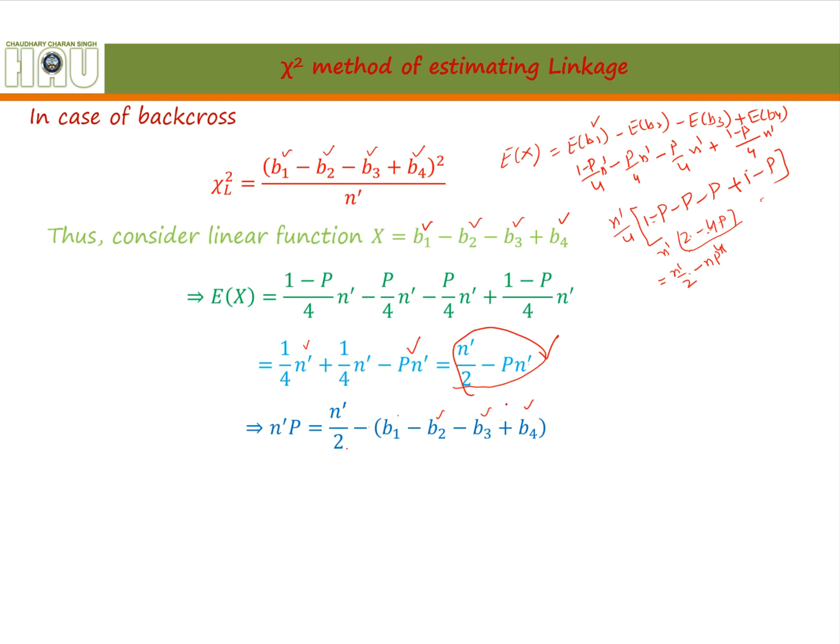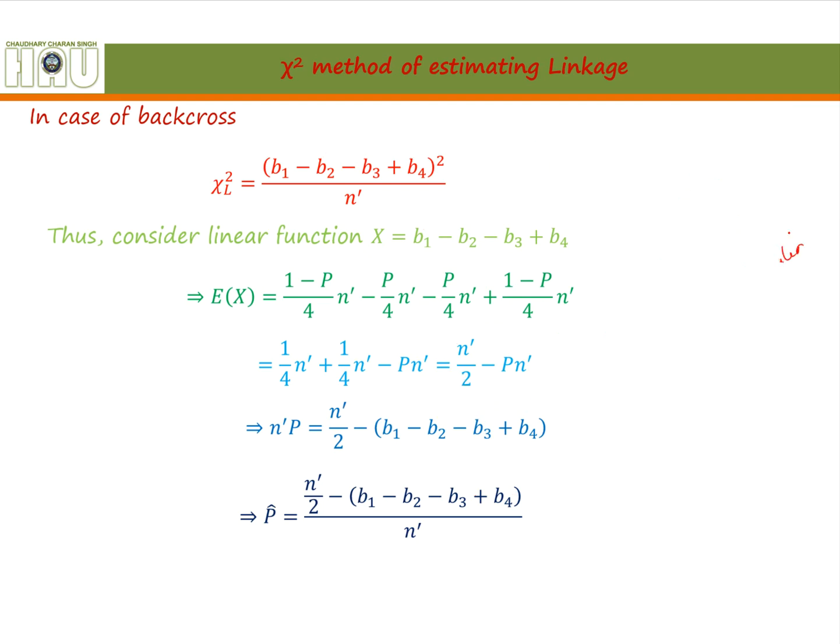And your p can be estimated just by dividing this by n dash, which is the estimator of p by chi-square method of estimation in case of back cross. So this is the second method, which is known as chi-square method of estimation in back cross, right?